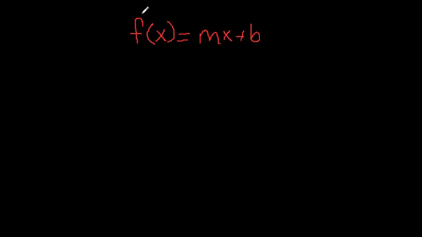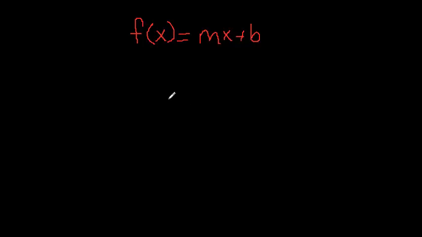All we've done is replaced y with its new name, a function of x. I'll slowly be introducing you to all of the vocabulary for this. We've talked about how x is our input in our function, and y, or f of x, is our output.